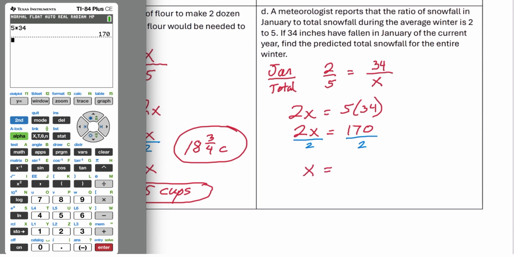And let's see what we get. 170 divided by 2 is 85. And keep in mind we want to use the units. In this case, we're talking about total amount of snow, which they are measuring in inches. So we have 85 inches total for the winter.